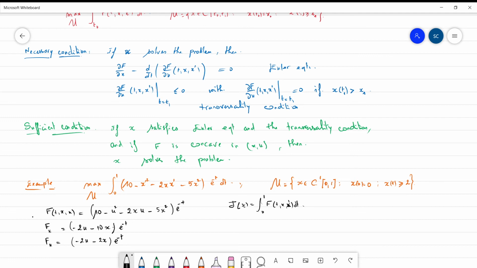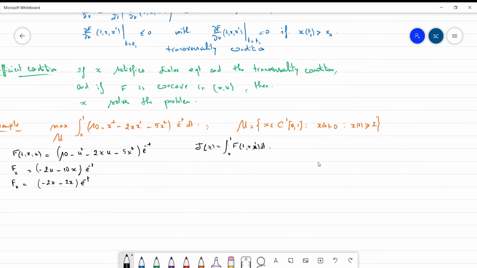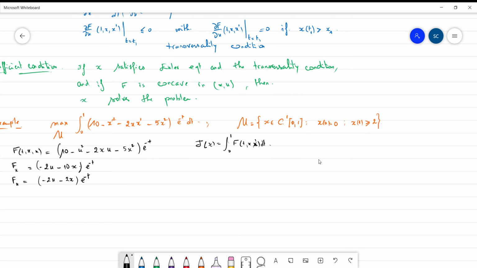Now the first thing is to check the Euler equation. I will need to express f_u at (t, x, x'), so it will be (minus 2x' minus 2x) times e to the minus t.